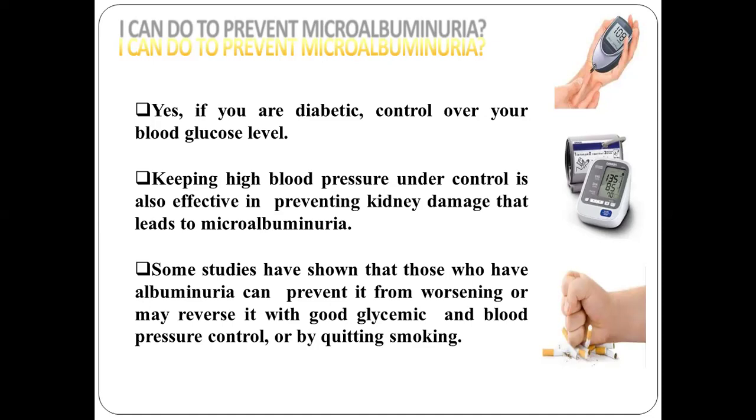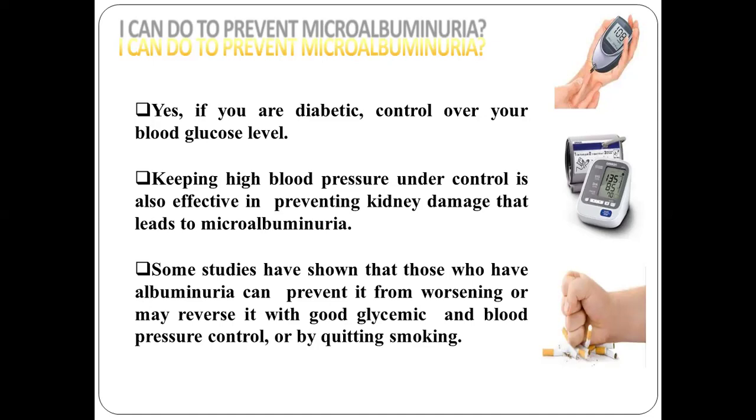So if you have altered blood pressure, we have to maintain it within a narrow range through dietary modifications, like we have to restrict salt, and we have to take water properly in summer season.